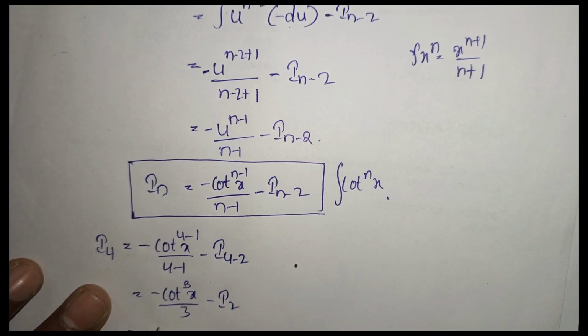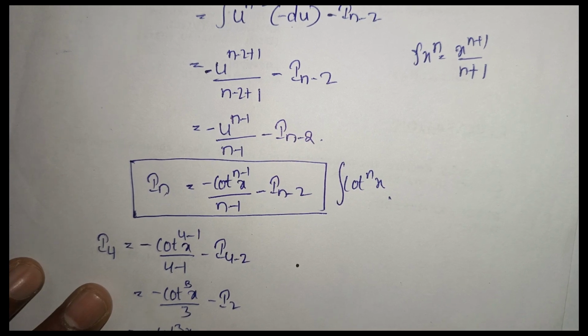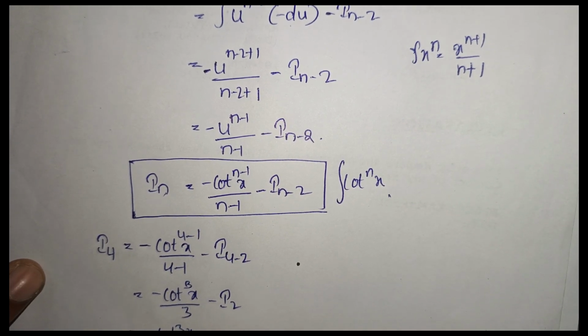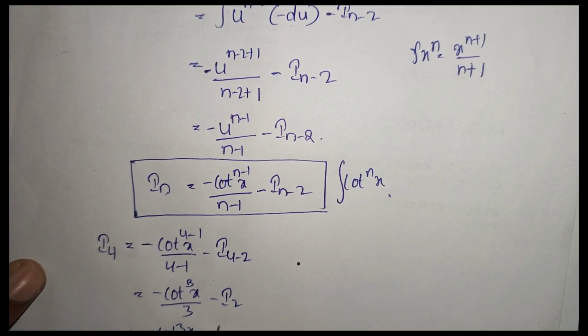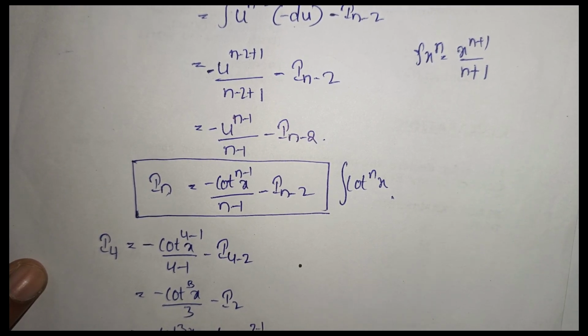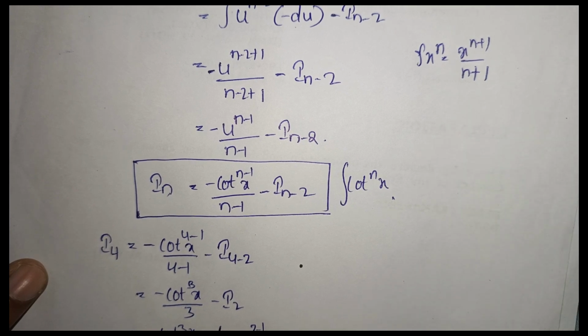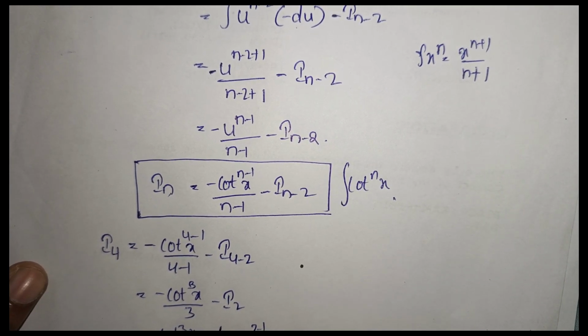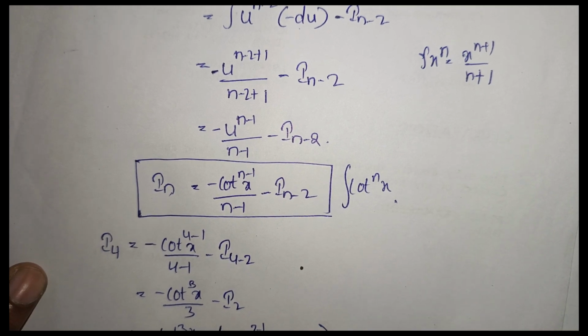What is I2? Wherever you find n, just replace it with 2: minus cot to the power of 2 minus 1 x by 2 minus 1, minus I_{2-2}, whole bracket for minus.